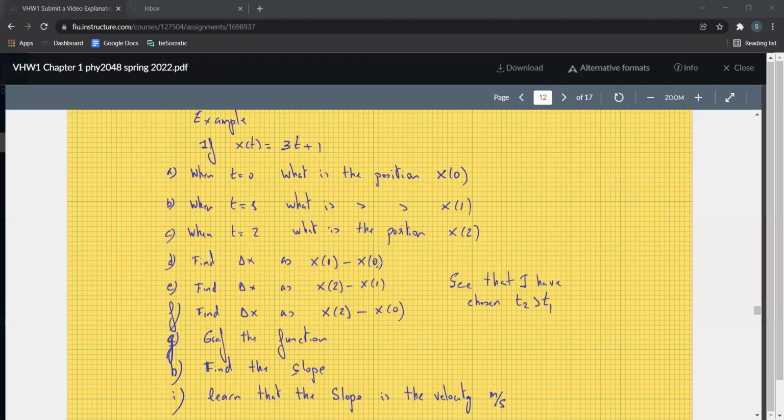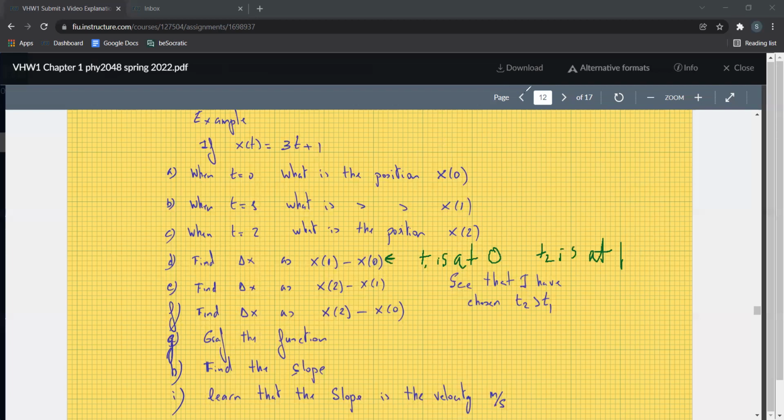So it's a change of when t1 is at 0 and t2 is at 1, what are their relative positions for this question?